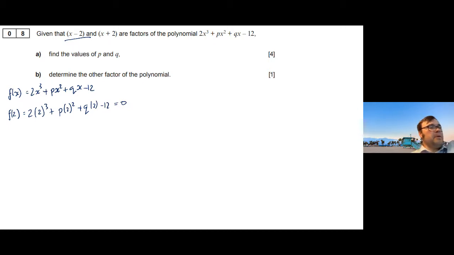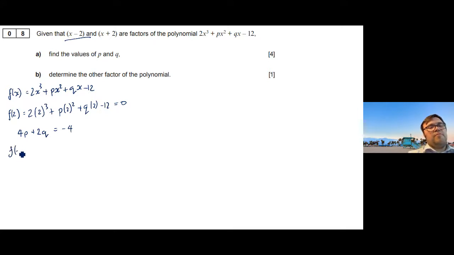In tidying that up, would give me 4p plus 2q, and that is going to equal minus 4. 2 cubed, that's 2 to the 4, which is 16. 16 minus 12 is 4. Take it over to the other side.